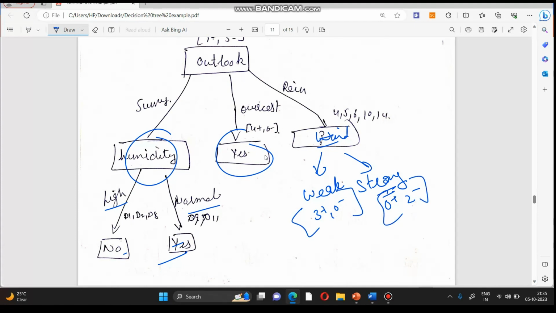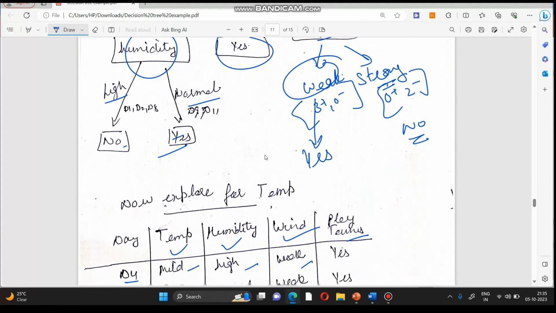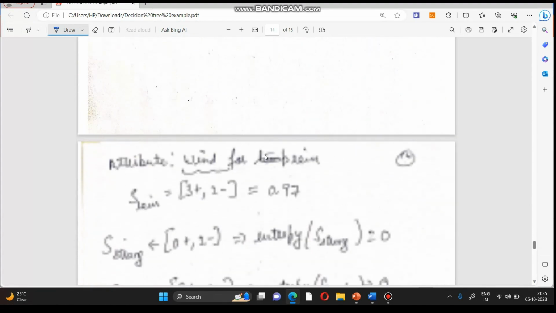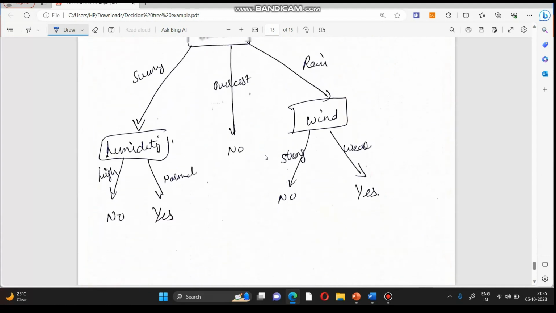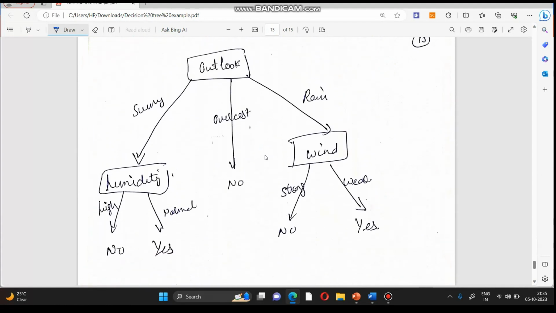It says when the wind is weak, then play yes. When the wind is strong, play no. Now as we can see, all the nodes are expanded and we have got the solution at the leaf nodes. It means we have designed the complete tree in this case. So this is how we make a decision tree using entropy and information gain.